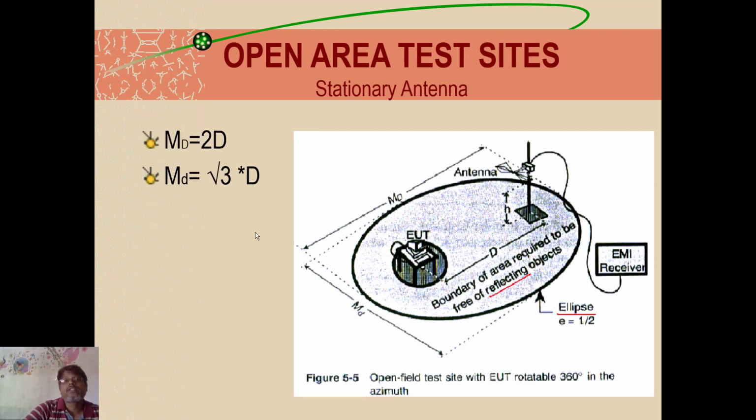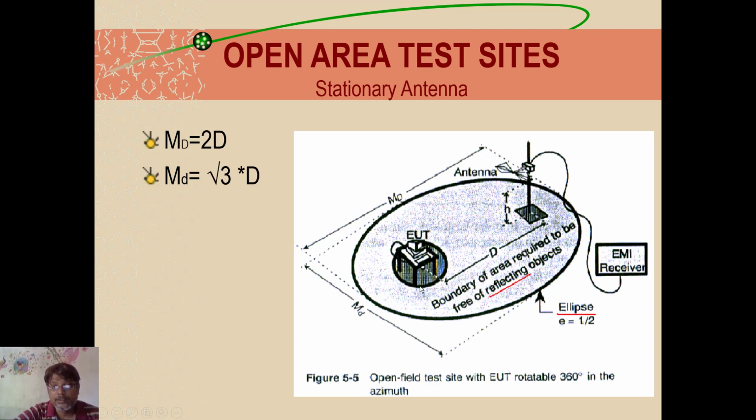That's about it. So in case you keep the antenna stationary, what is the height and other information? That's what has been explained here. See, the environmental area is called MD. MD will be equal to 2D. What is D? D is the distance between the equipment and the antenna.